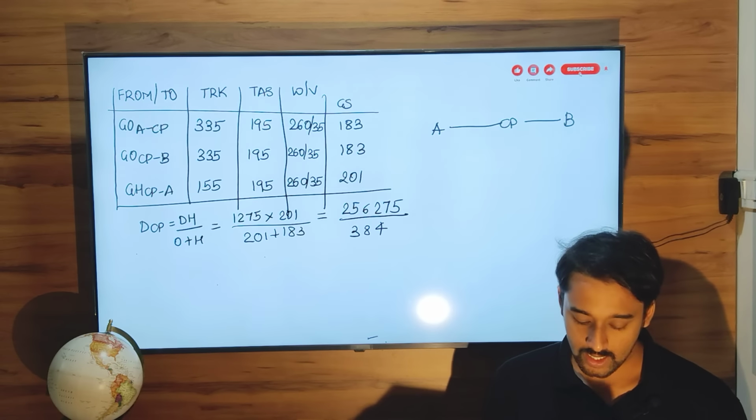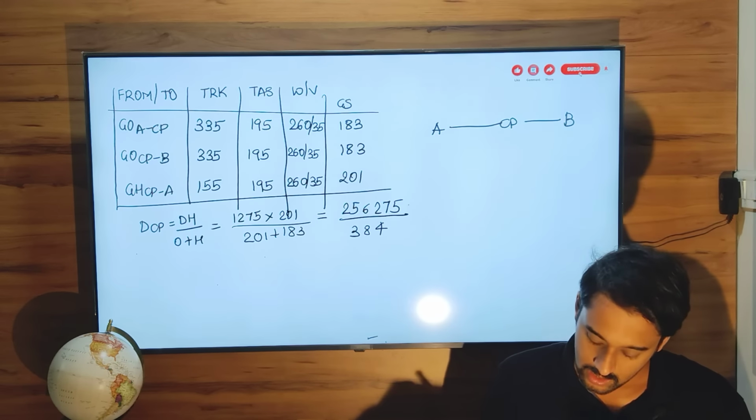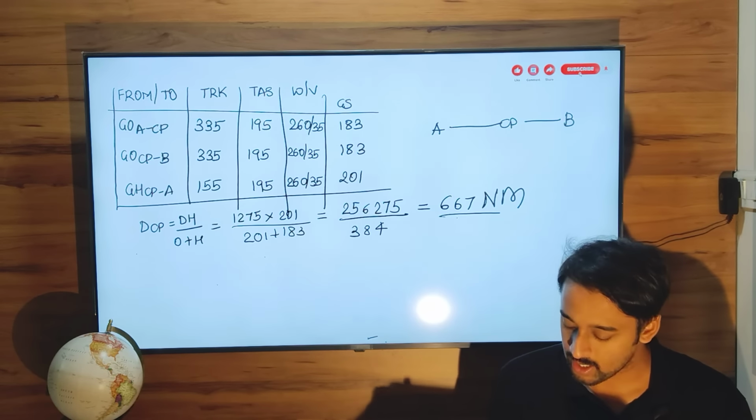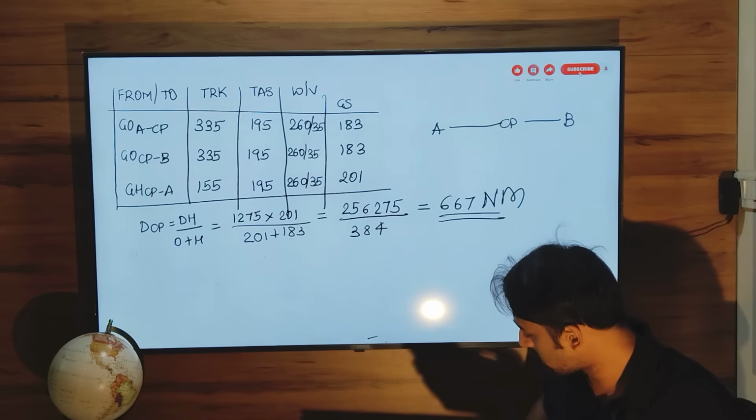So divide the entire thing: 256,275 divided by 384 is 667 nautical miles. So distance to critical point is 667 nautical miles.